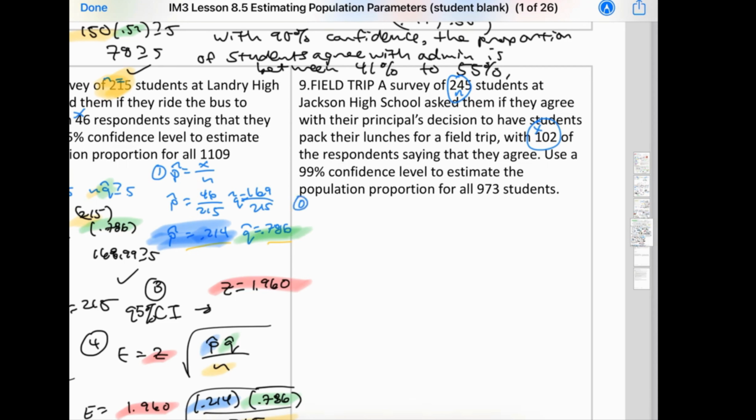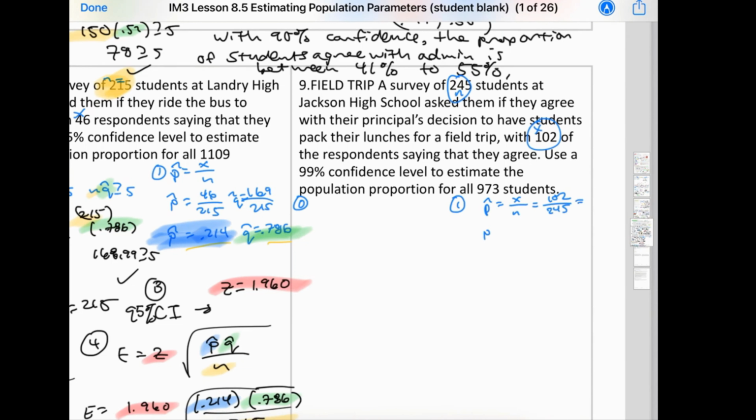Okay, we're going to check the conditions, but in order to do that, I'm going to have to figure out p hat. P hat is the success over n. My x value there is 102, and the sample, pay attention, the sample, not the whole school, is 245.